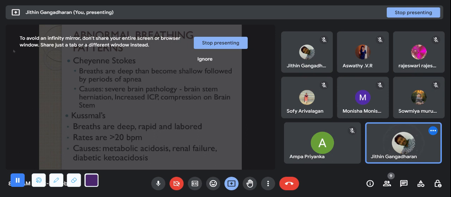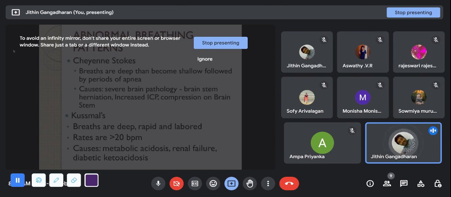Now, this is the exam point of view. Okay, abnormal breathing patterns: Cheyne-Stokes respiration. I have explained how Cheyne-Stokes respiration affects, right? There is an irregular pattern of breath followed by a period of apnea.